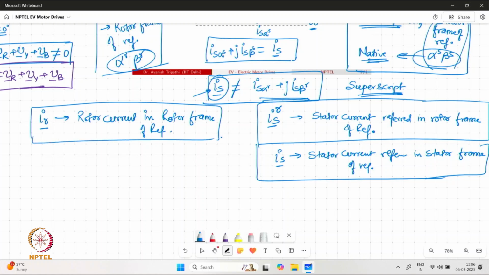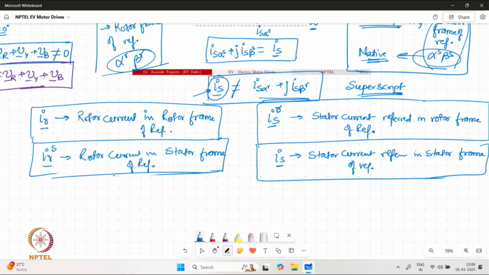Whereas if we are referring to this vector IR in the stator frame of reference, I would use a superscript S and write this is rotor current in the stator frame of reference. At present we have only two frames of reference for referring to these quantities, which is why it is okay to use a superscript which refers to these particular frames of reference.